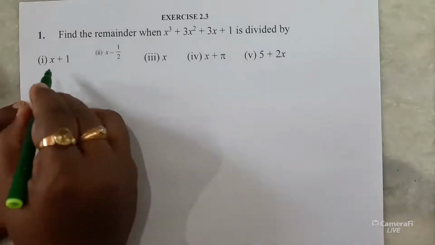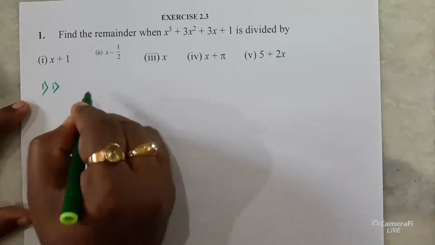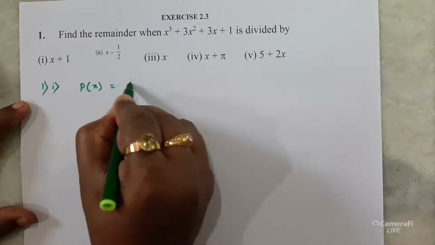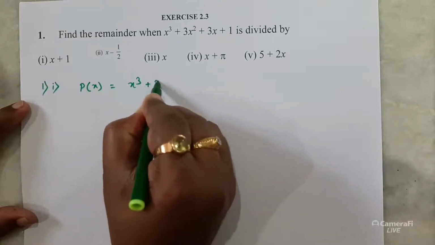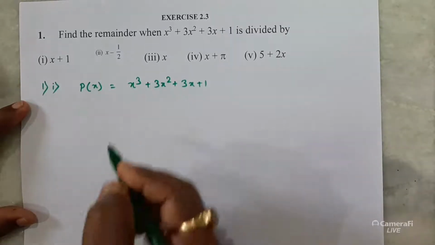For question number 1, p of x is equal to x cube plus 3x square plus 3x plus 1.